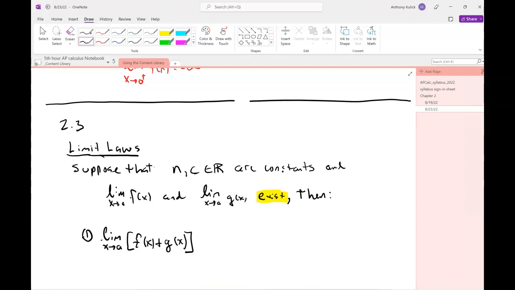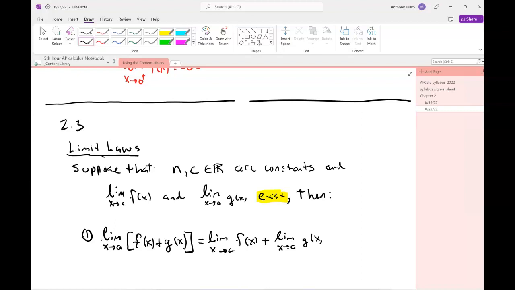So you have the limit as x approaches a of the sum of two functions. Well, that's equivalent to taking the limit of the first function and adding it to the limit of the second function.